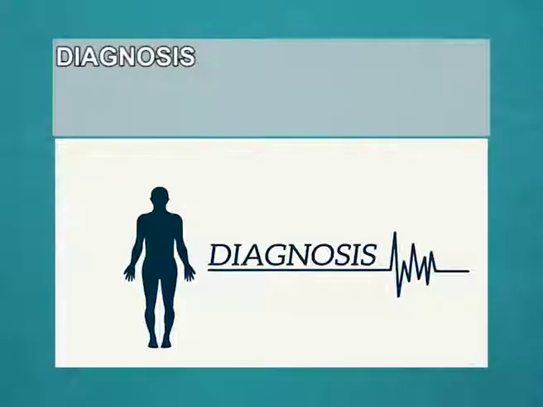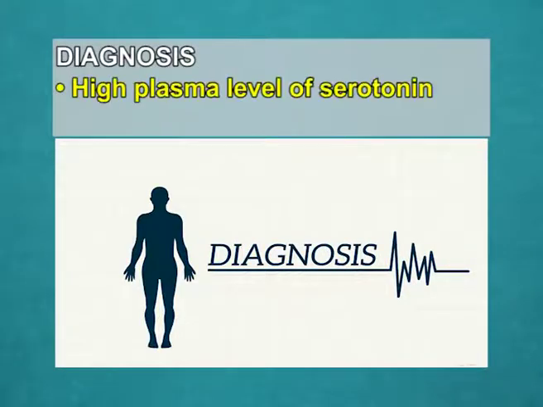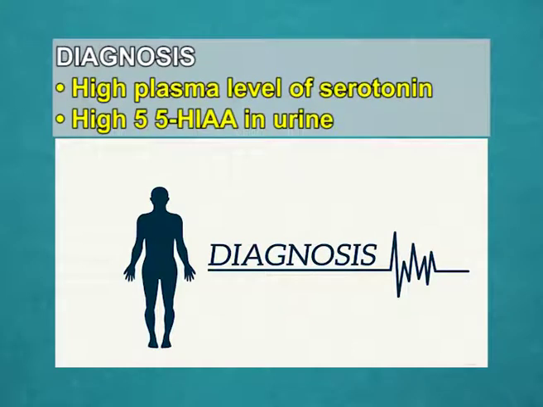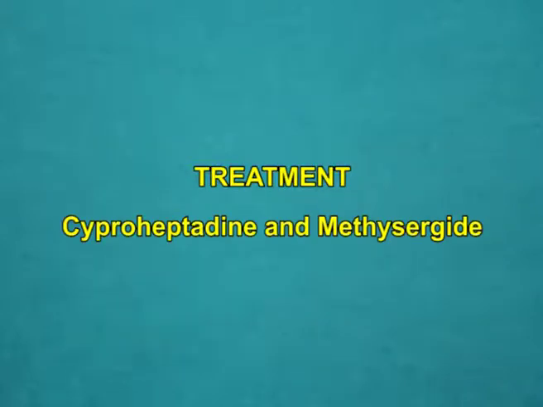Diagnosis: you can see high plasma level of serotonin and high 5-HIAA in urine. Now we are discussing the treatment. Treatment may include cyproheptadine and methysergide.